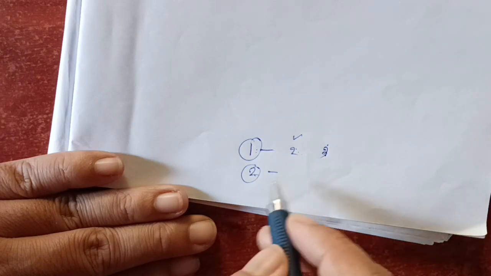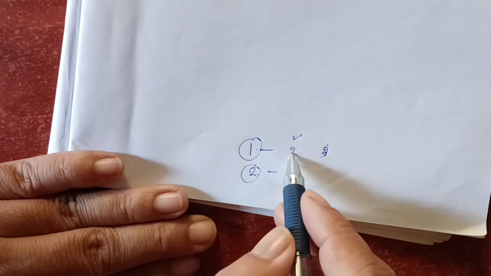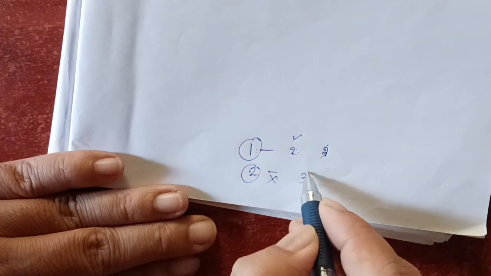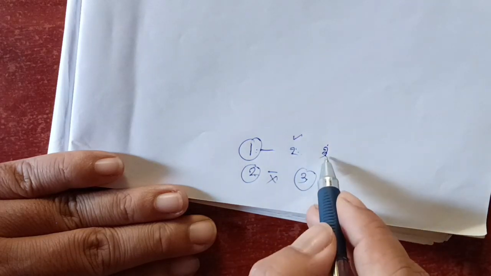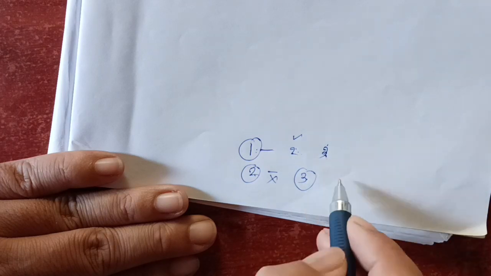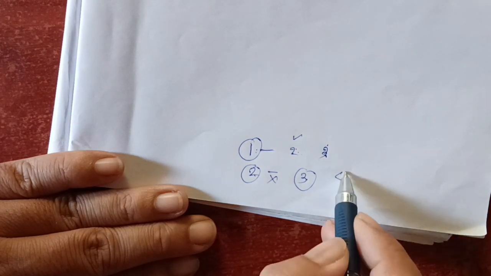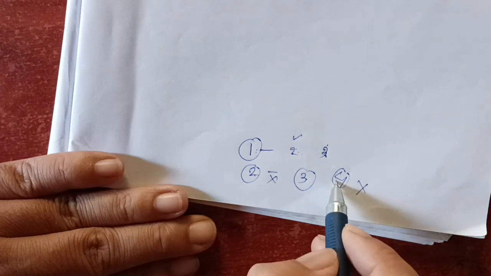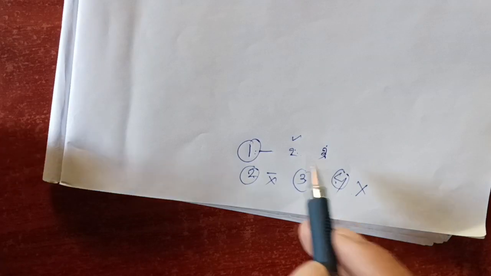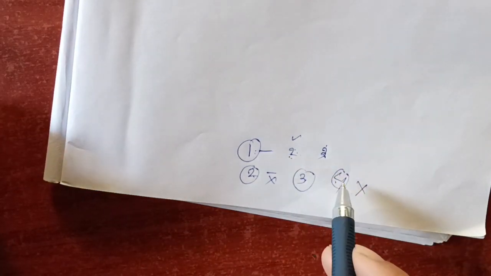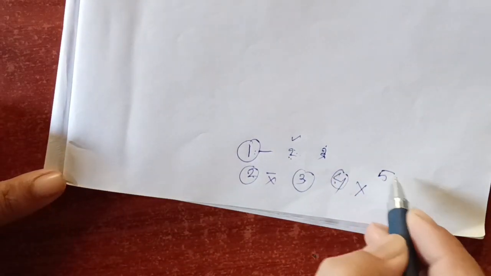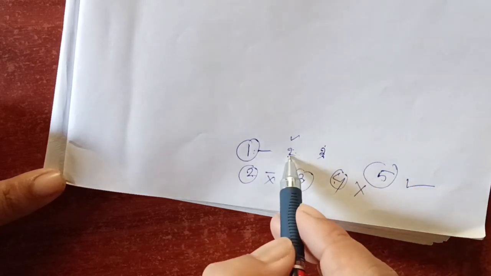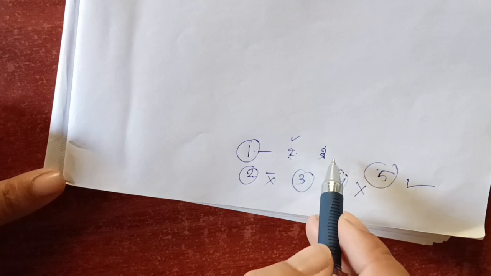Okay, then 2, it can be divided by 2, so that's why 2 cannot be taken. What about 3? 3 also we cannot consider because 3 can be divided by 3. All right, then what about 4, the next number? 4 also we cannot consider because this 4 can be divisible by 2, right? 2 fours are... 2 twos are 4. Then what about 5? Yes, 5 we can take because 5 you cannot divide by 2, 5 you cannot divide by 3.